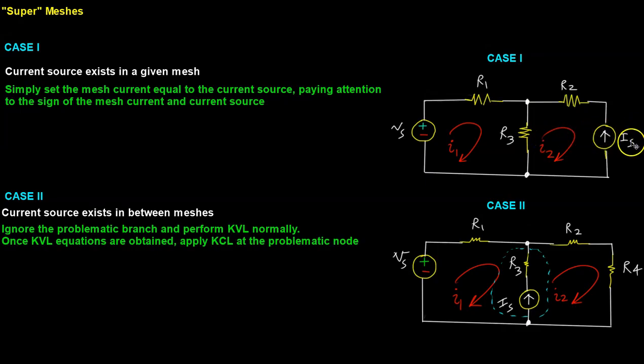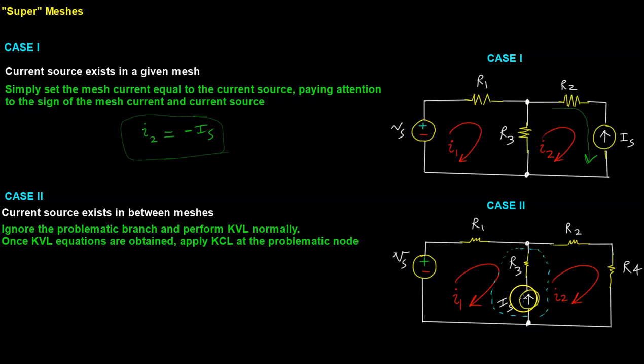Whatever IS is, the magnitude is going to be I2, but the direction is opposite to I2. So we would say I2 is equal to negative IS. You can see, hopefully, that is apparent. I2 is defined this way, IS is going opposite of it, and therefore they have the same magnitude but opposite direction.